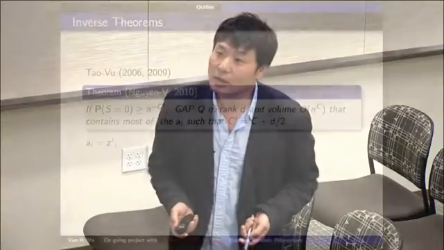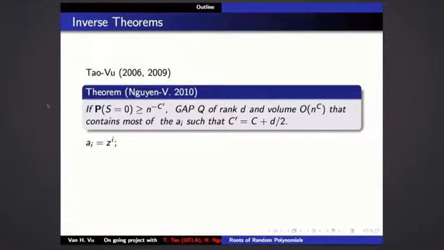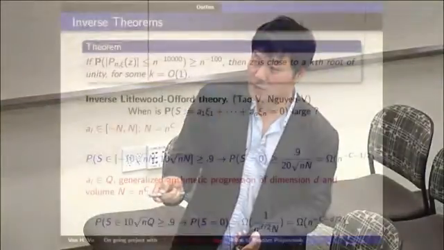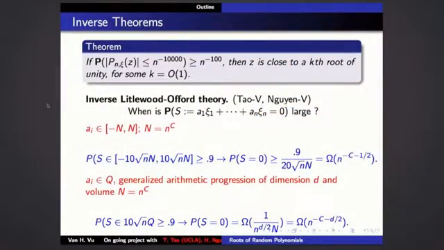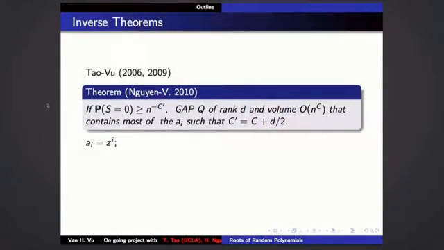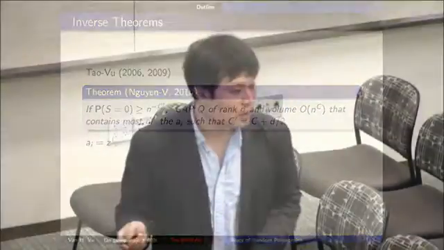What we really prove in this direction is that if we assume the inverse, namely that we assume this bound in advance, that there is a mass point with mass at least this much, then actually most of the coefficients a_i have to be in an arithmetic progression of the right length.